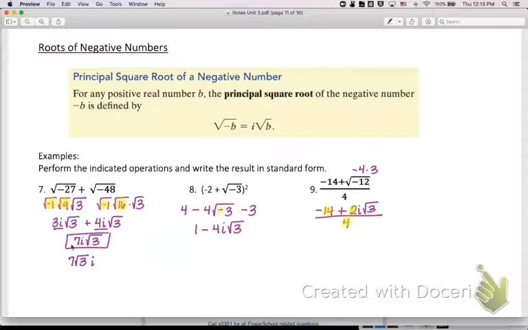And we can divide them all by 2. So we get negative 7 plus i root 3 all over 2. And don't forget standard form, we have to split it apart. So this would be negative 7 over 2 plus the square root of 3 over 2i is how we would write that in standard form, okay?